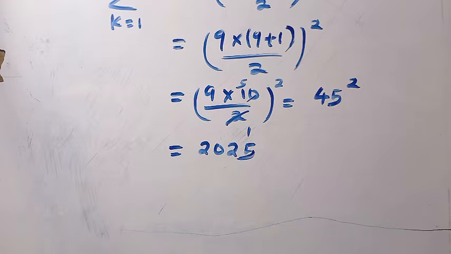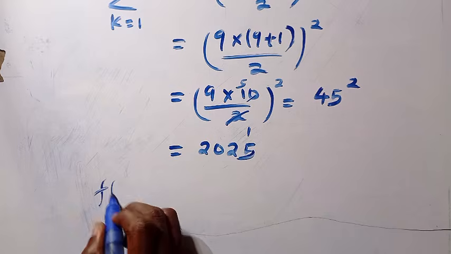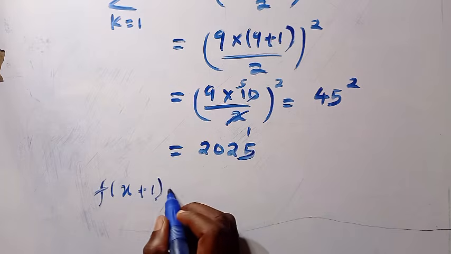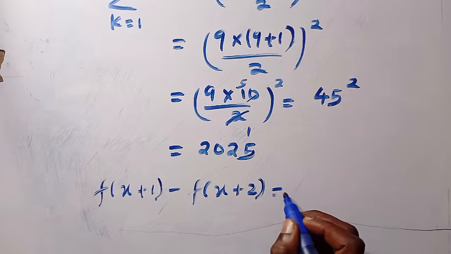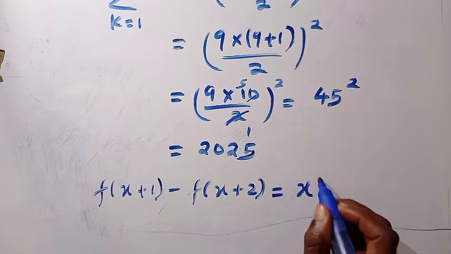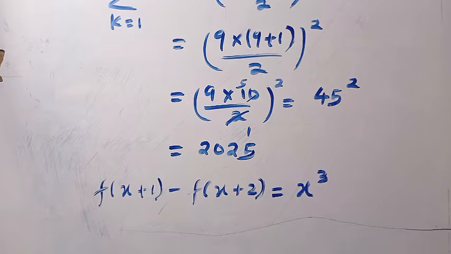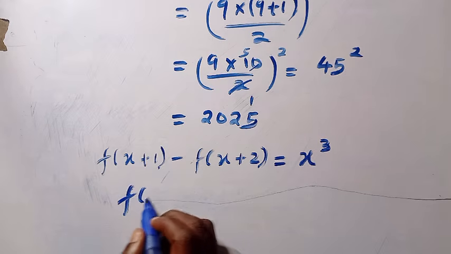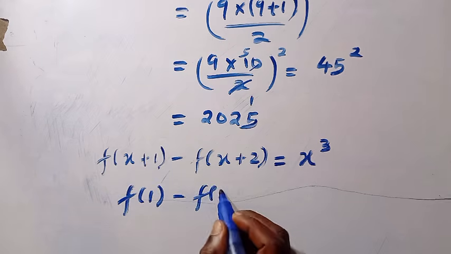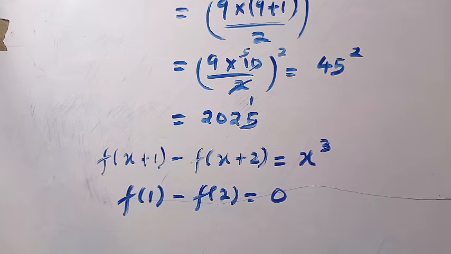But again, we need to know f(2). Initially, we are given f(1), which equals 5. But what is f(2)? If you consider f(x+1) minus f(x+2) equals x raised to the power 3, and suppose x equals 0, we are going to have f(1) minus f(2) equals 0.